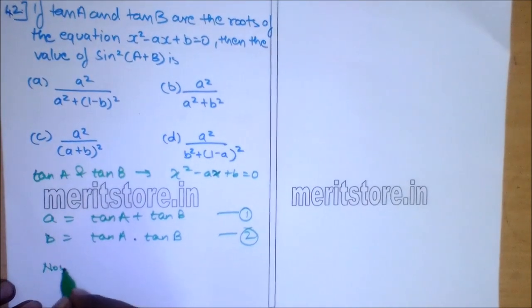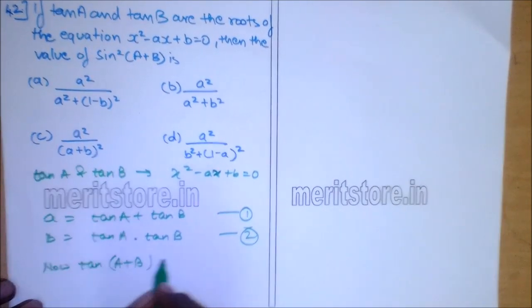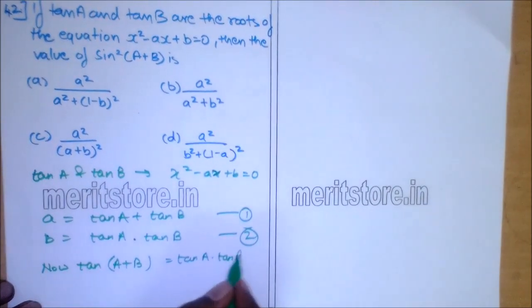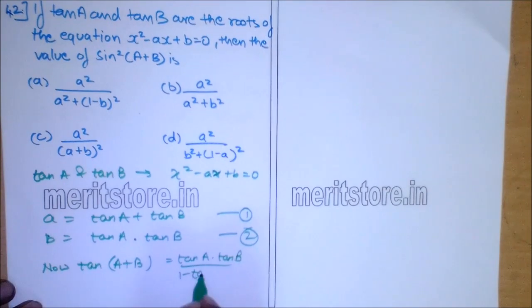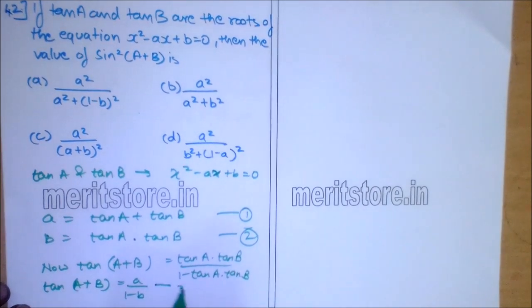Now tan of A plus B is tan A plus tan B upon 1 minus tan A tan B. Substituting the values, we get tan (A plus B) is a upon 1 minus b. Let this be equation 3.